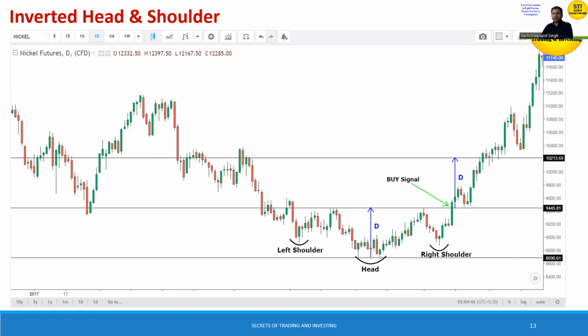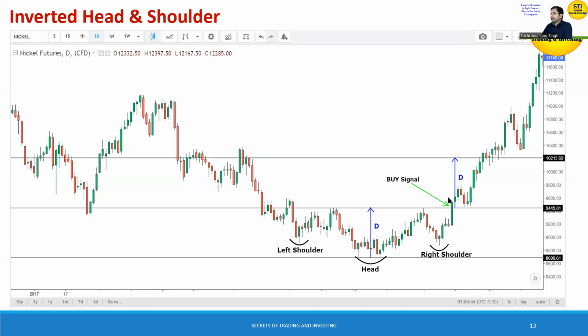Is there any question from anyone about whatever we have discussed so far? Okay, great. Once someone wants to take an entry, the ideal point of entry in a head and shoulder formation is, as I mentioned, when any candle breaks out of the neckline.